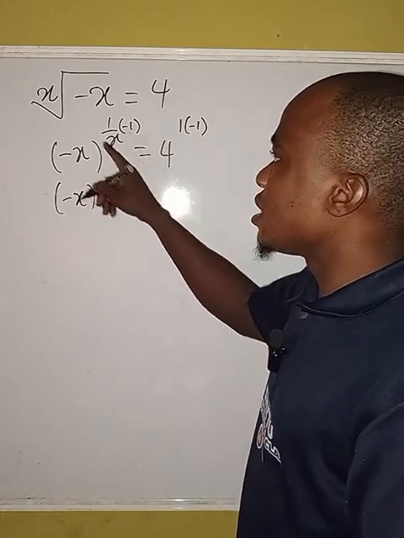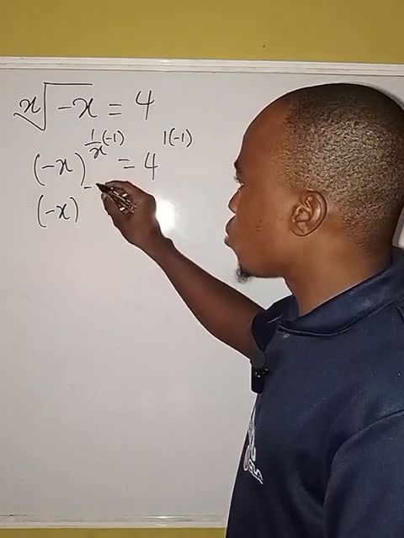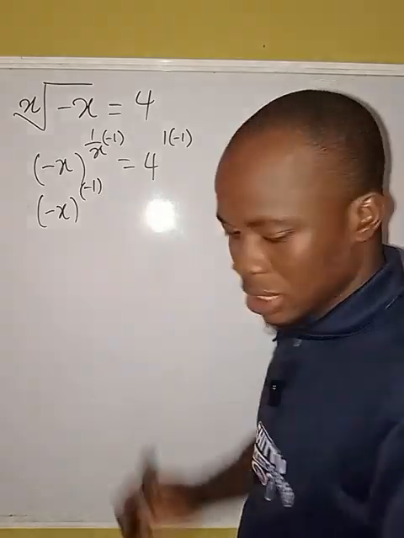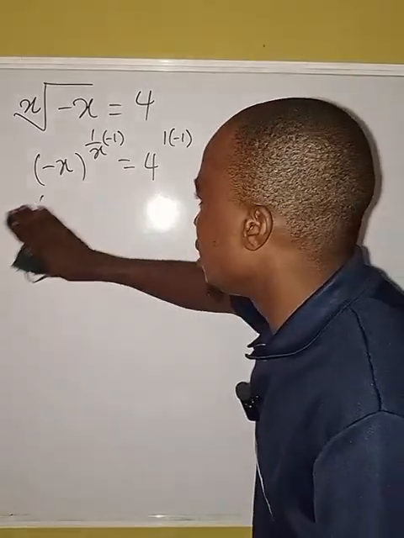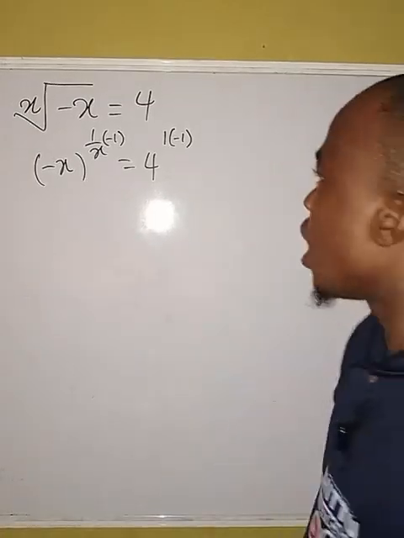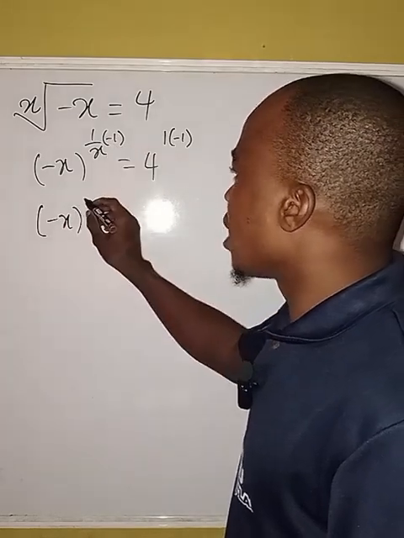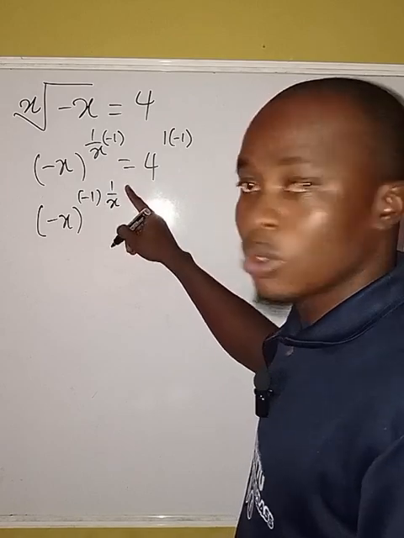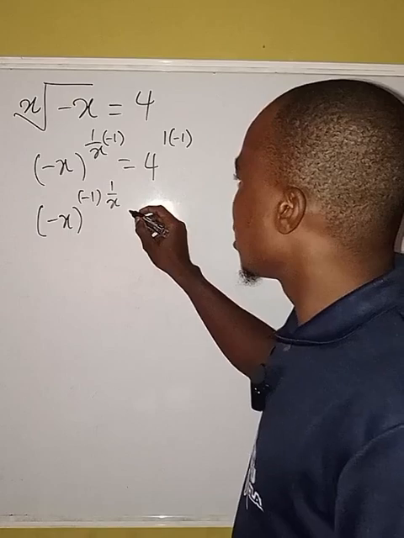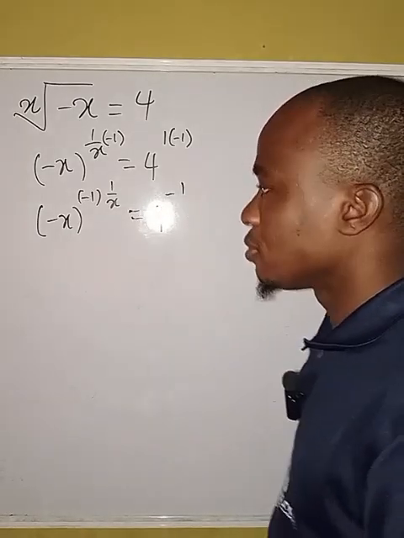Now everything here becomes minus 1. Let me write it well so that you see clearly what I'm trying to do. So now you see that I'm going to have something like minus x, then here we have minus 1 over x, because of this minus 1 that is there, then equals, I have this to be 4 to the power of minus 1.